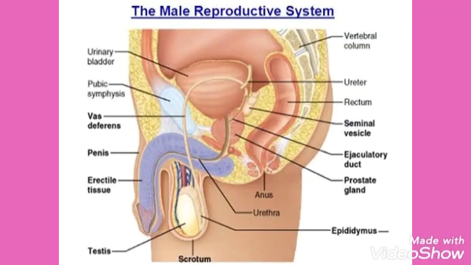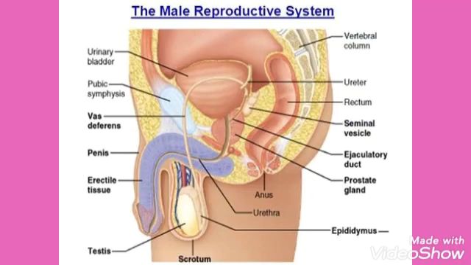They contain small blood vessels, some immunocompetent cells, and interstitial cells or the Leydig cells. Leydig cells are the cells that synthesize and secrete testicular hormones called androgens.